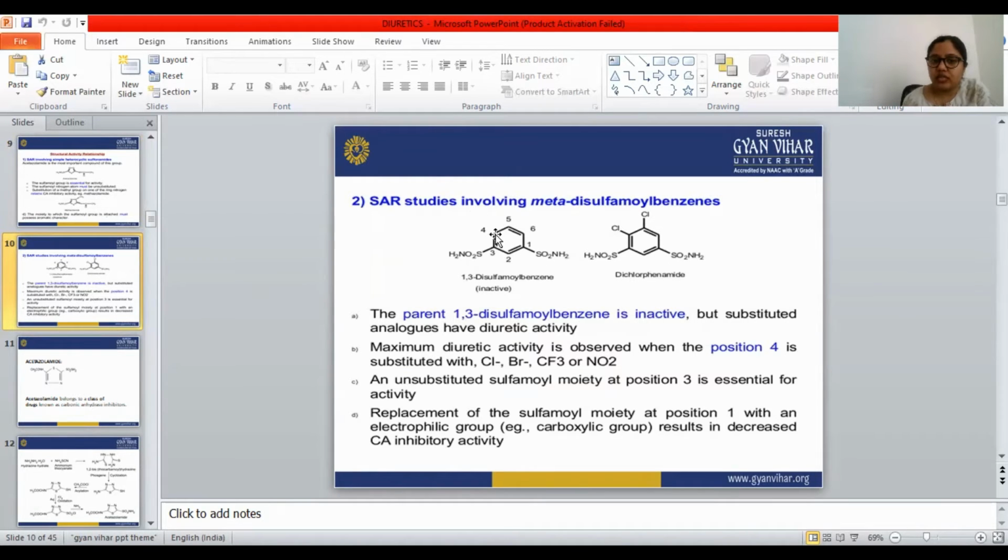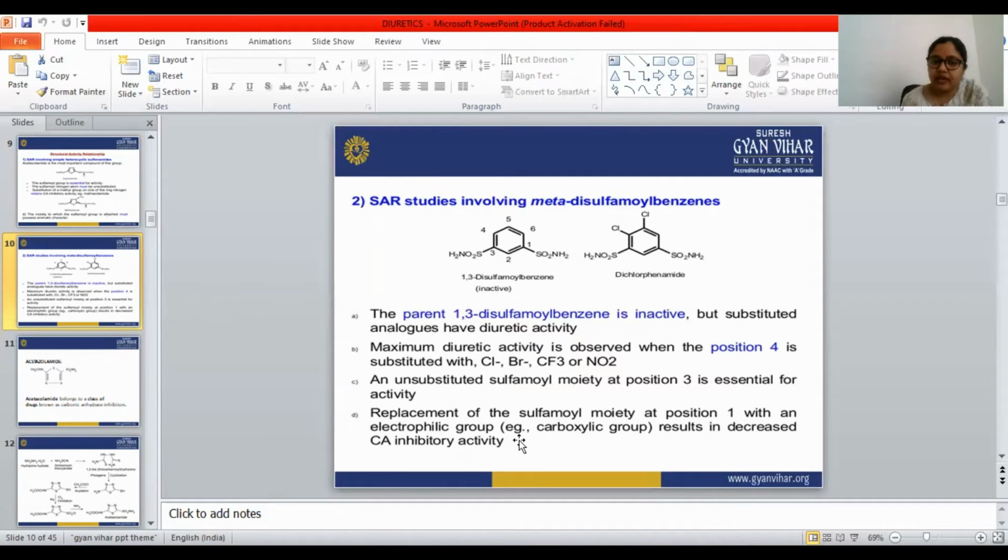If we introduce a chloride, bromide, CF3, or NO2 group here, that shows the maximum diuretic activity. And an unsubstituted sulfamyl moiety at position 3 is essential for the activity. Here we can't substitute any group because this is necessary.